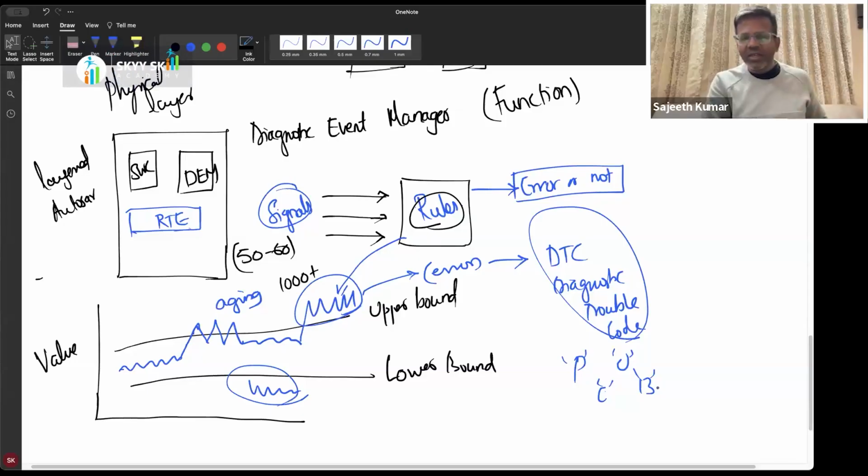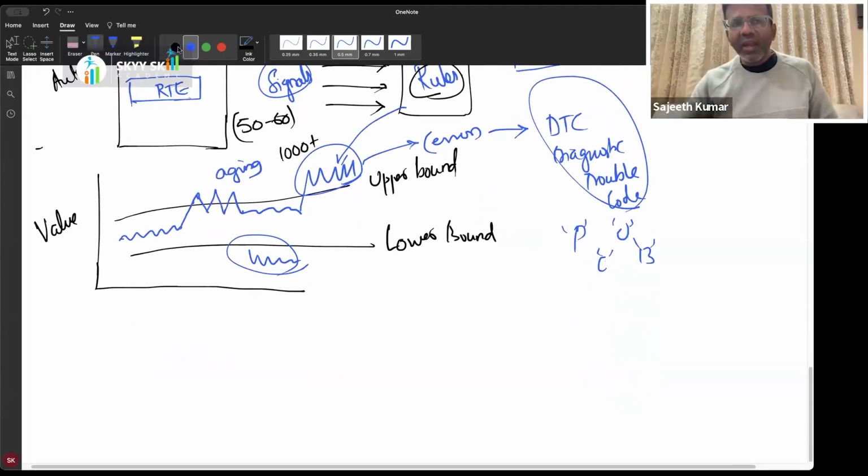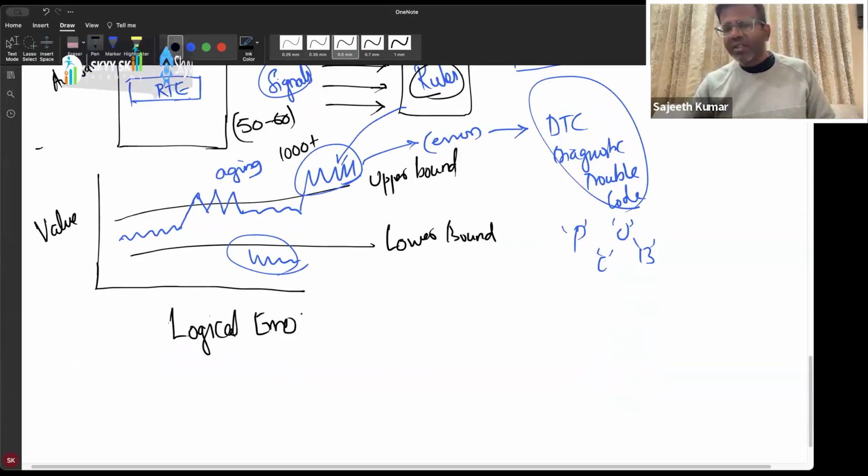It monitors the signal and throws out an error. Now, what this means is that any type of logical error might or might not be captured by your diagnostic event monitor.